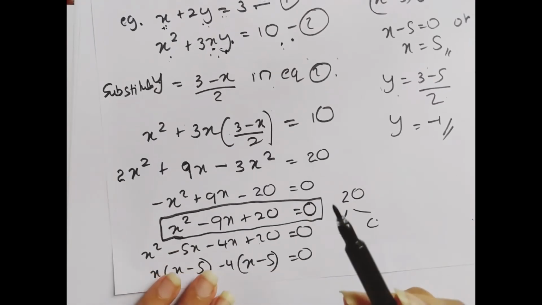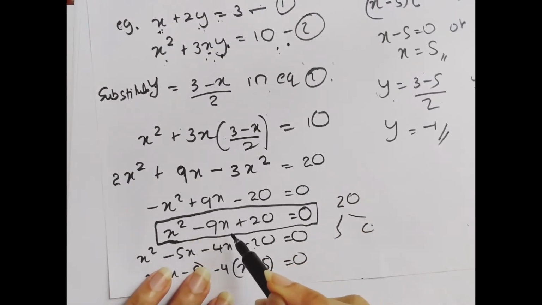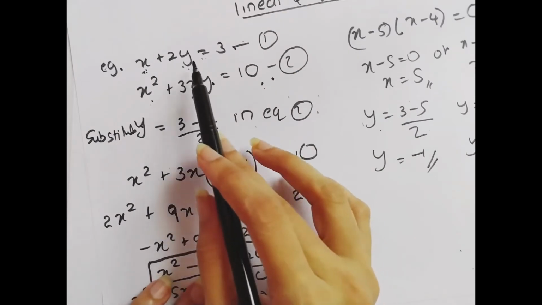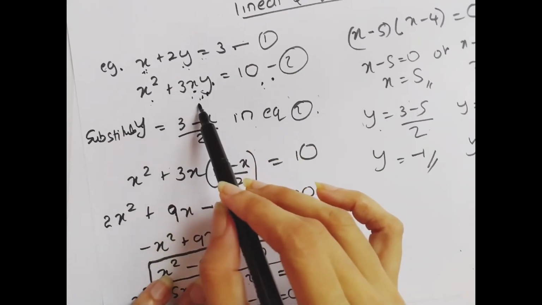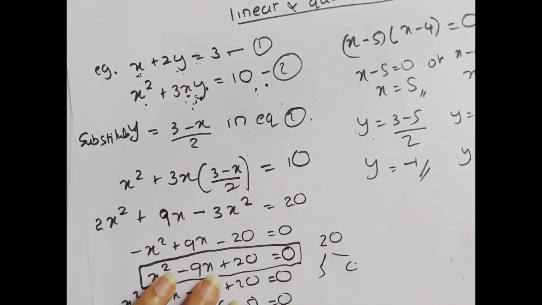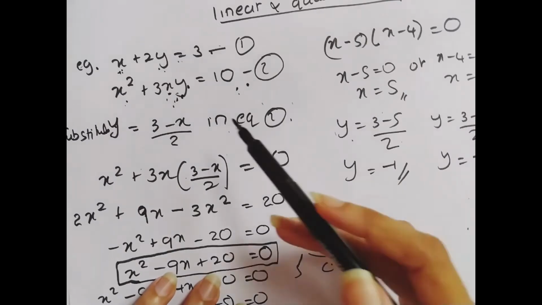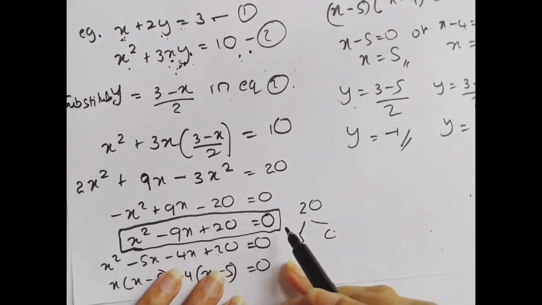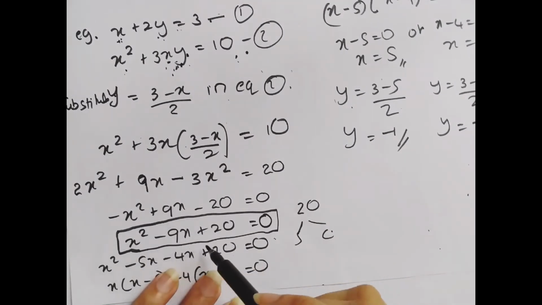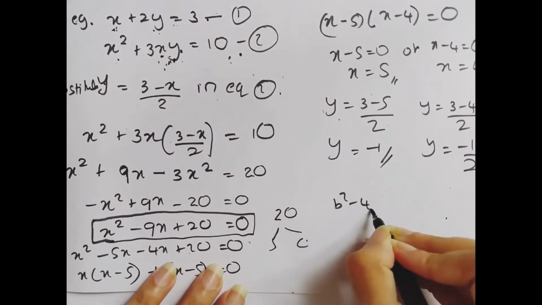And if you want to know whether this quadratic equation has equal solutions for x, or two different values, or no real roots, you can use the discriminant. The discriminant for this equation is b² - 4ac.